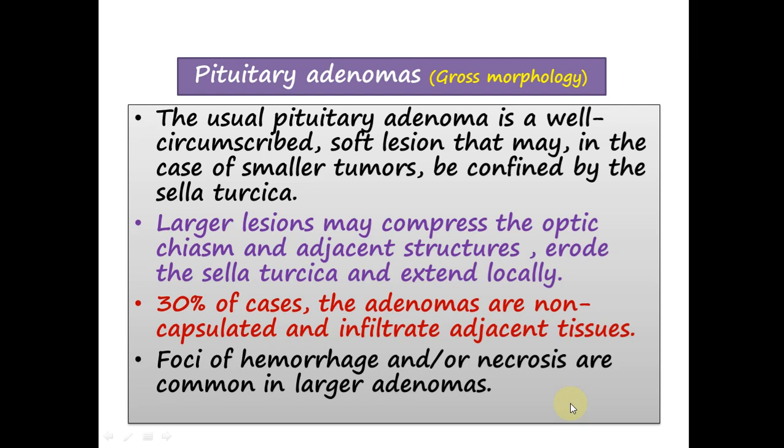But if it is a macroadenoma, that is more than 1 centimeter in diameter, it will cause compression of the optic chiasm and will result in disturbances of the vision, bilateral temporal hemianopia or tunnel vision, and sometimes it may compress the surrounding structures, it may erode the sella turcica, and it may extend into the brain stem and may cause hydrocephalus and increased intracranial pressure.